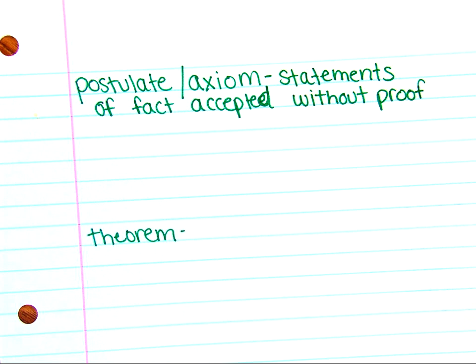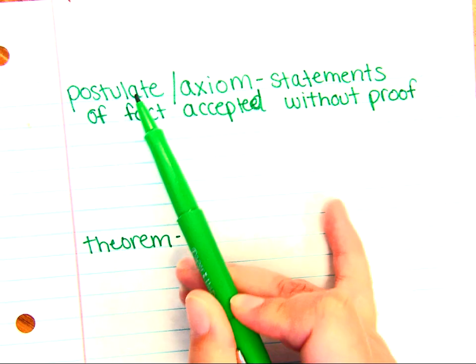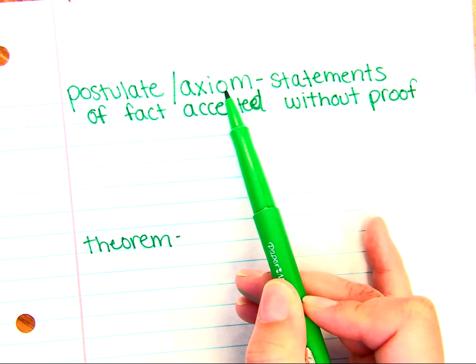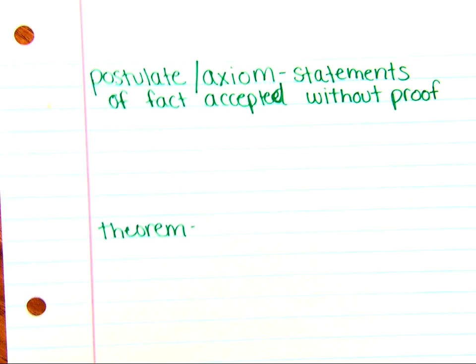But if you look in your book, it will say postulate 1-3. Okay? It's not important for you to know the numbers of the postulates or axioms. Okay? Axiom is something that sometimes comes out of a postulate, but at this point in math, we kind of use these two words interchangeably. Okay?